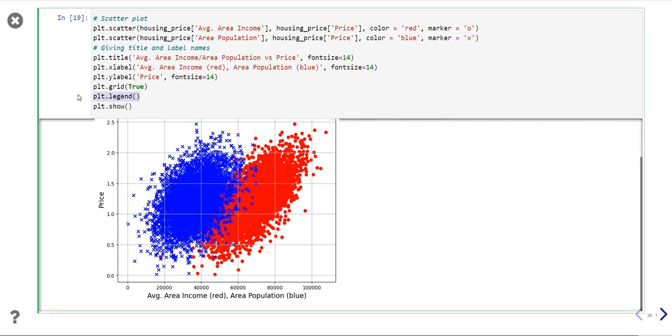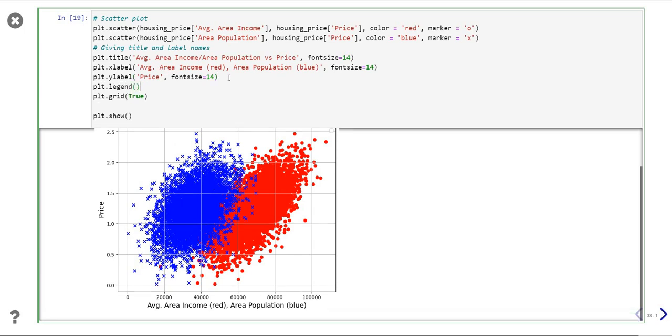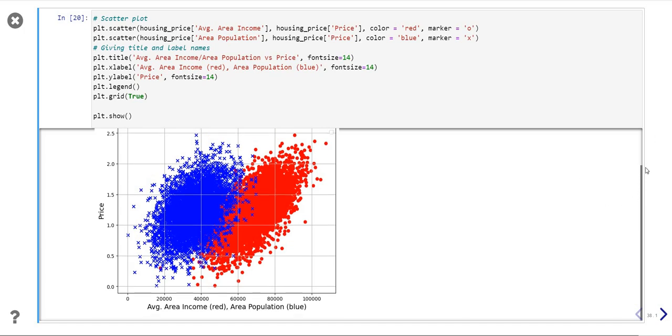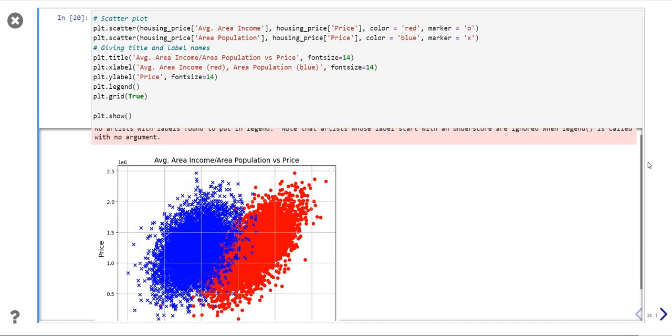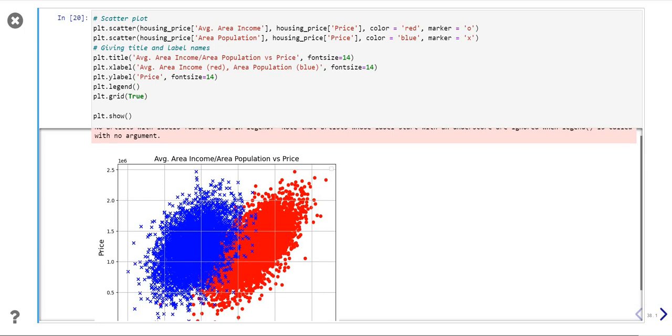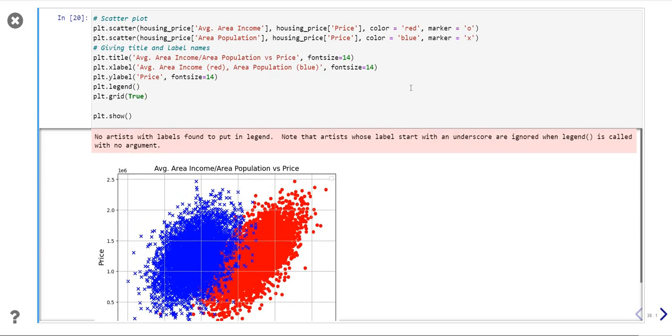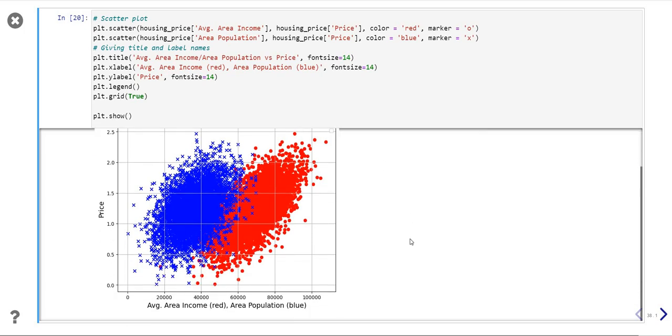Let me try to put the legend, plot legend, showing. It's not. Is it not showing the label?